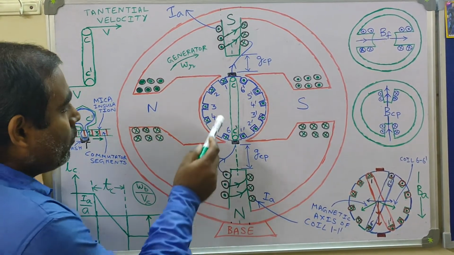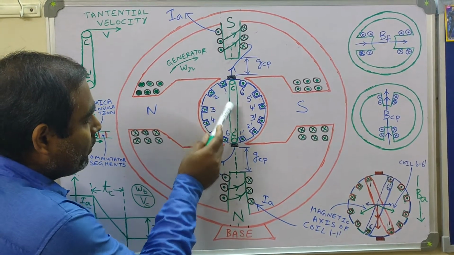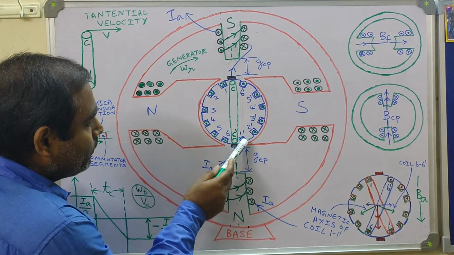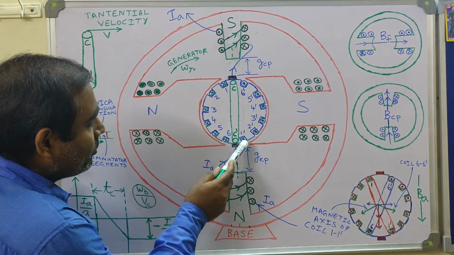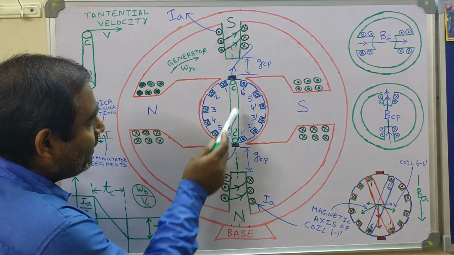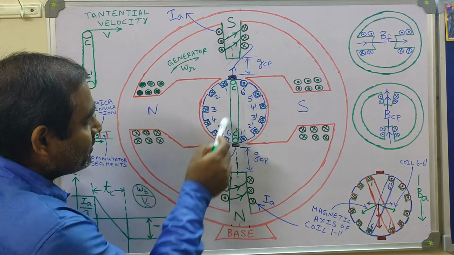That means once the commutation of coil 11 dash is completed, the position occupied by coil 11 dash will be that which is now occupied by coil 6 dash.